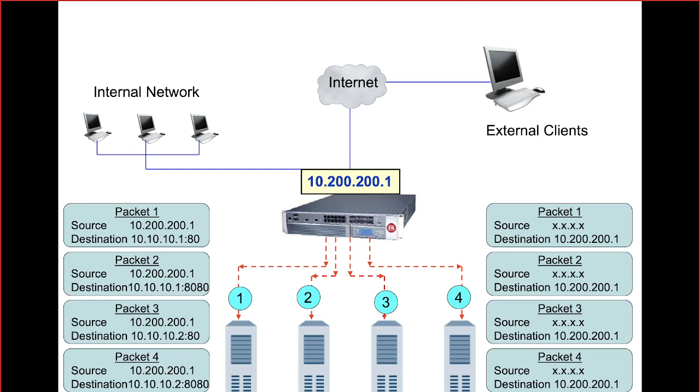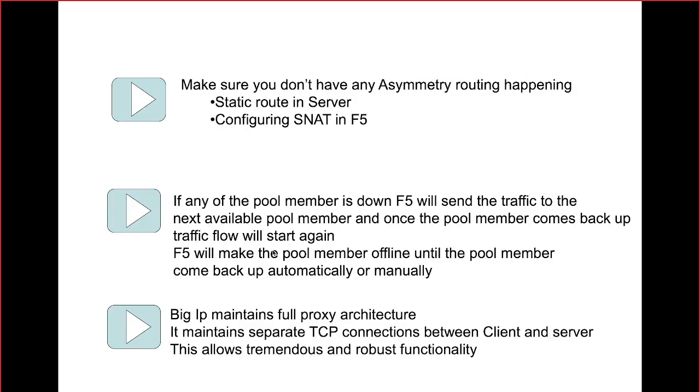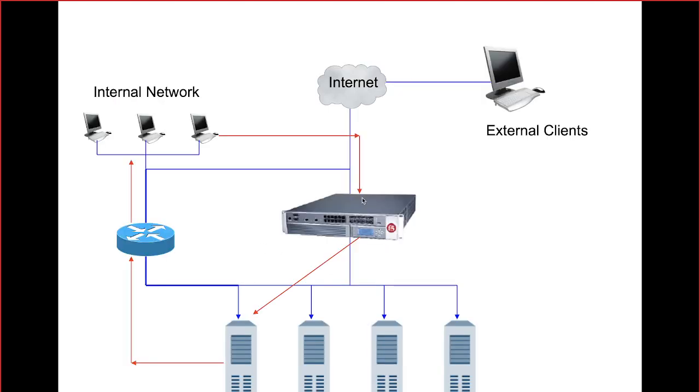Okay, right. Now, in this scenario, what happens? If I have this kind of a scenario, what is it that I have to do? The request is coming here, and you might probably have a gateway pointing to the router. The router could be forwarding the traffic to the internal network. But this is an asymmetric routing scenario, right?